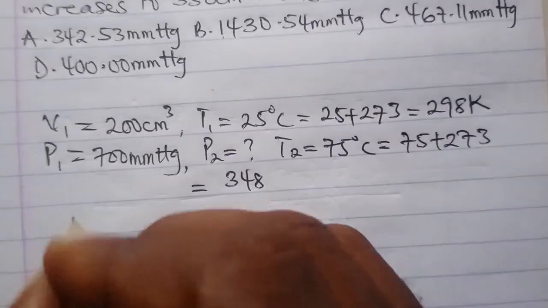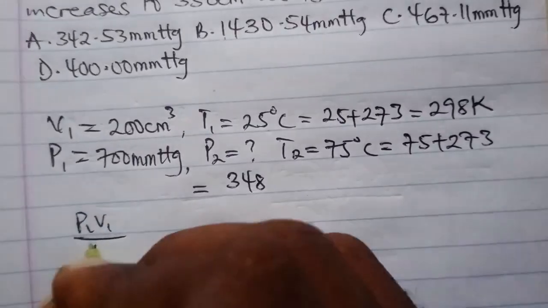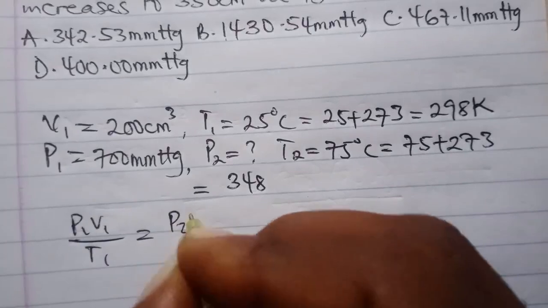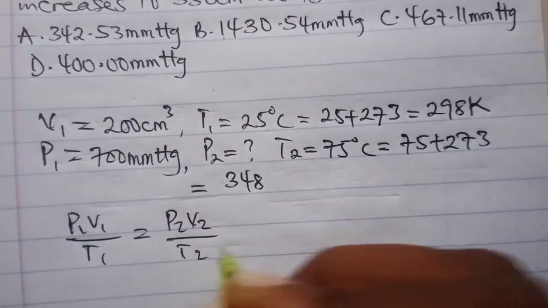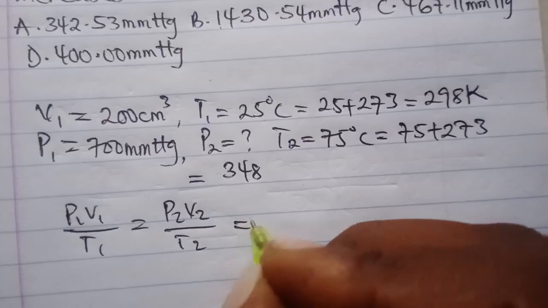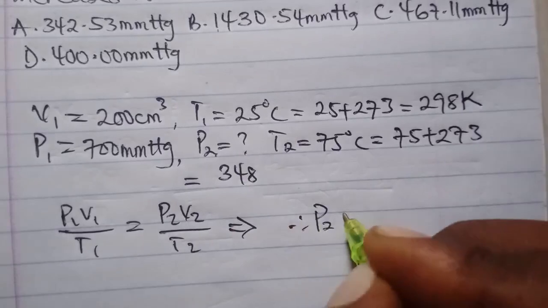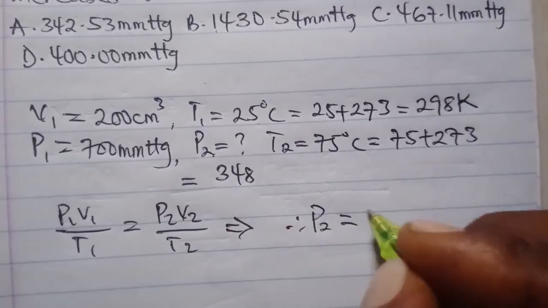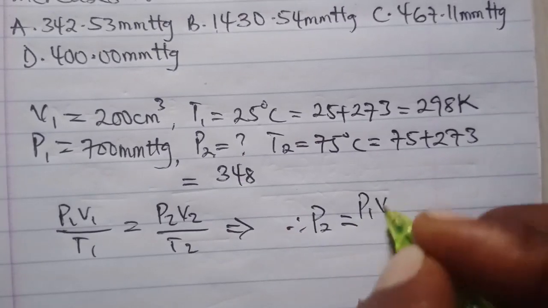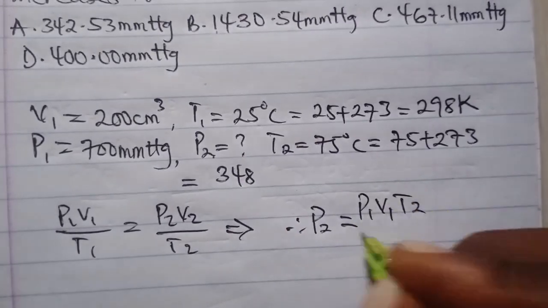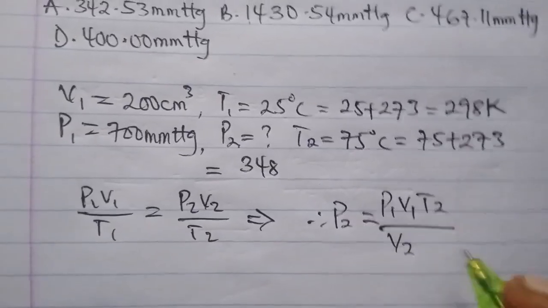Remember that P1 V1 over T1 is equal to P2 V2 over T2. Therefore, if we make P2 subject of the formula, we will have that P2 is P1 V1 T2 over V2 T1.